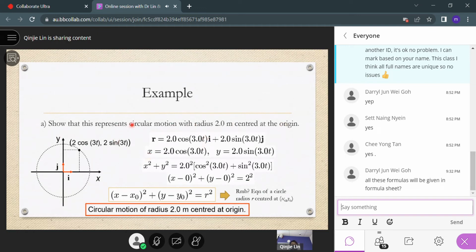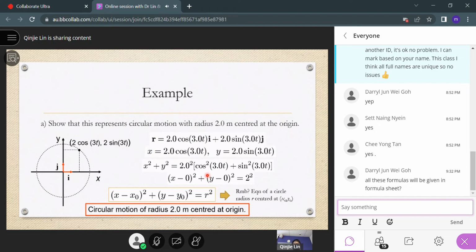So how do we show that it's a circular motion? We want to map out the path to show that it's a circle. From this position vector, something i plus something j, the x value is the part in front of the i. The y value is the part in front of the j. So you have the x and you have the y. How do you show circles? You refer to the general formula for circles.